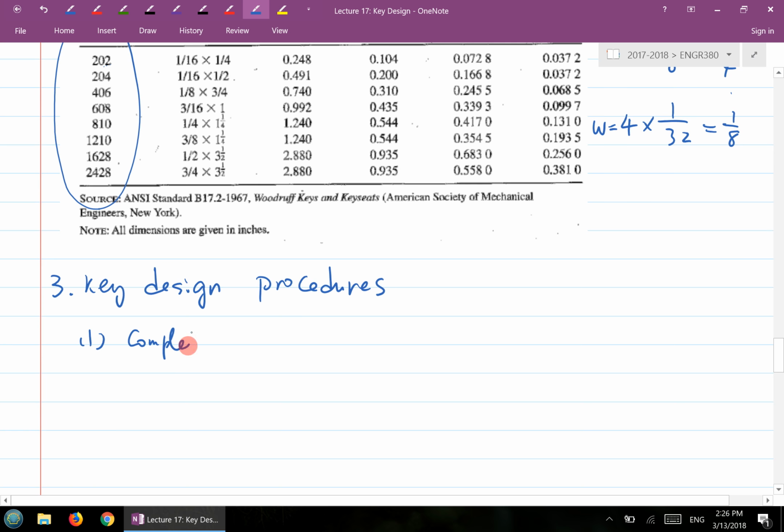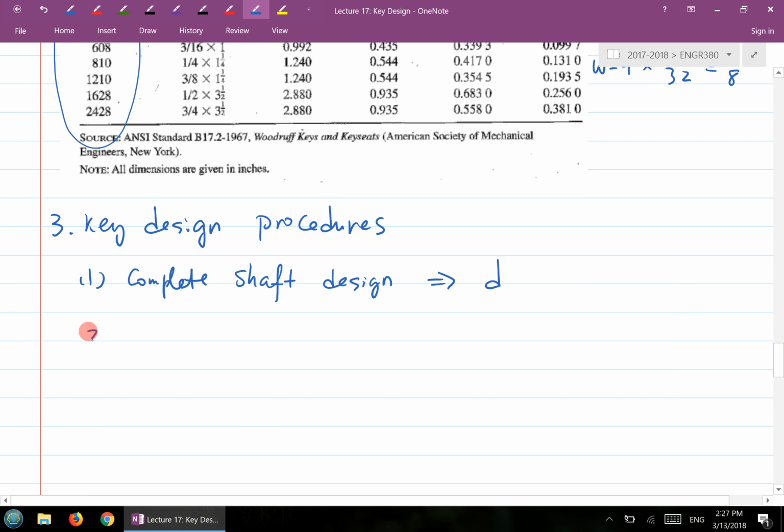First step, you have to finish the shaft design first. Finishing the shaft design basically means you obtain the so-called minimum shaft diameter, so the shaft diameter is decided.